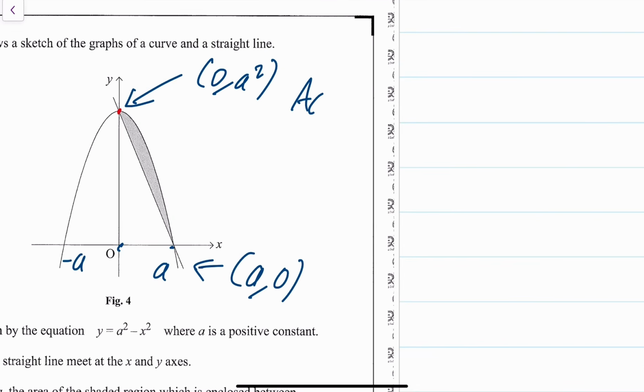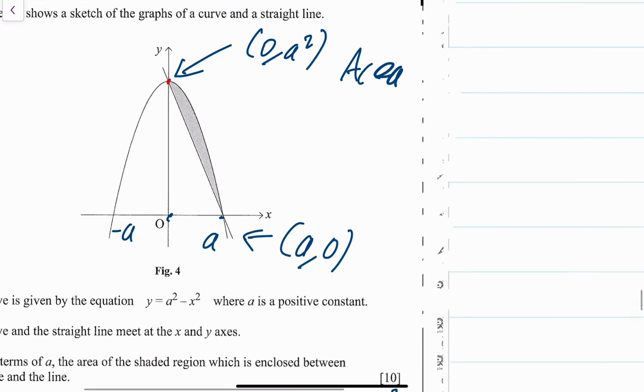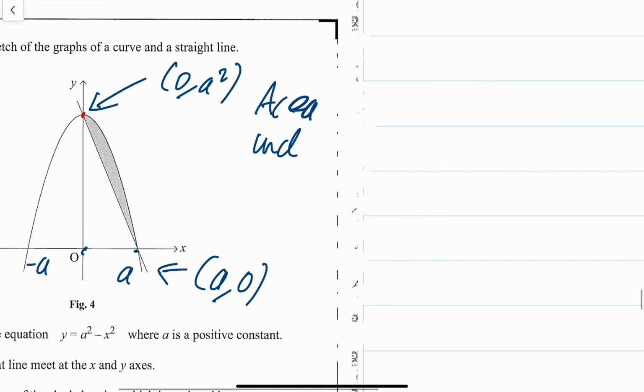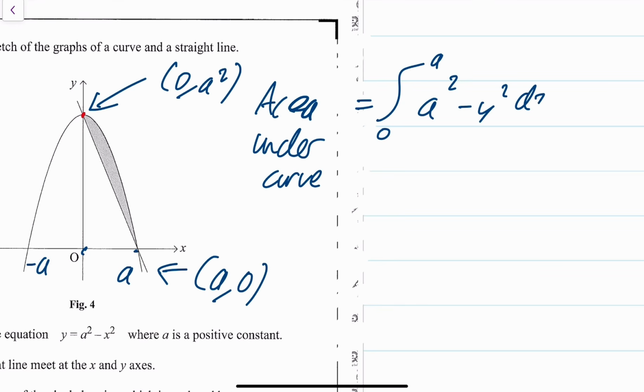So area under curve is going to be equal to the integral between 0 and a of just the curve, which is a squared minus x squared.